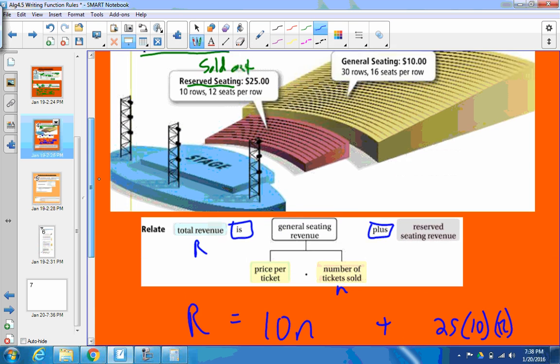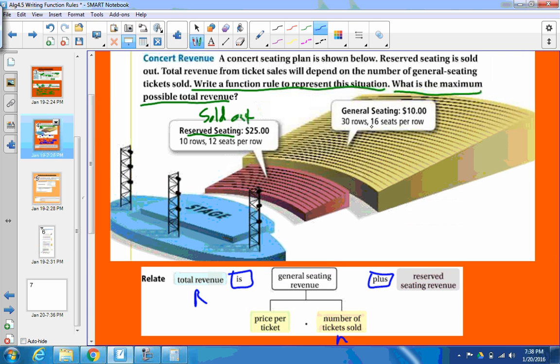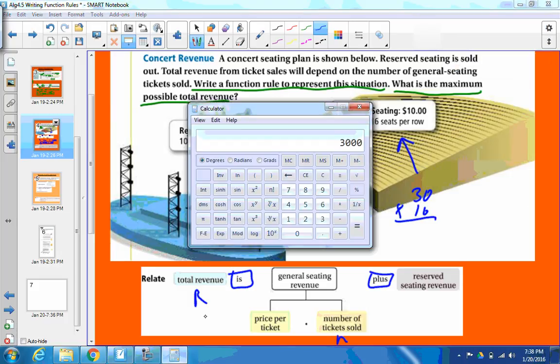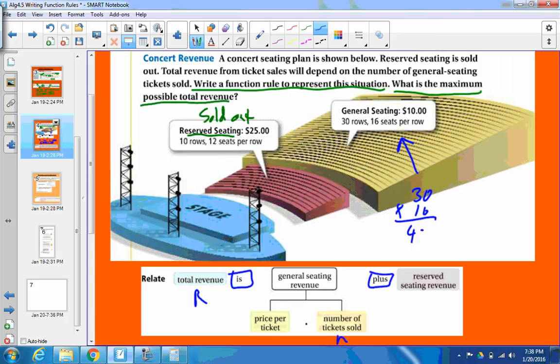It says what is the maximum possible revenue? So if we have 30 rows and 16 seats each, 30 times 16. I'll check it on here real quick. So that'd be 480 seats. We have 480 seats that we can plug in there.